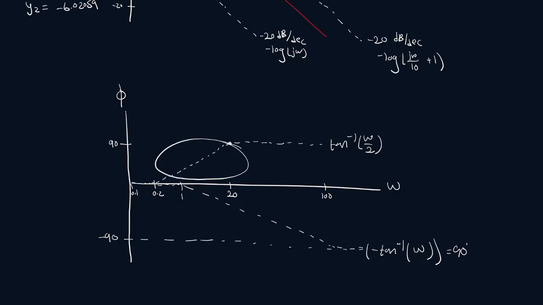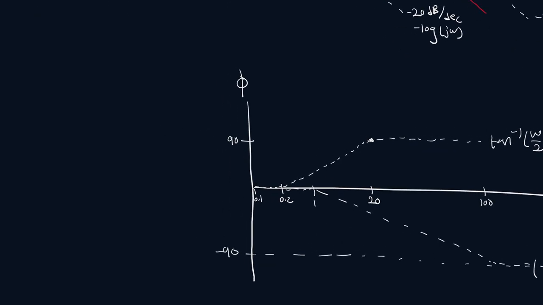Now we have to find these two slopes. So to find the slope is actually easy. We have y2 minus y1 all over x2 minus x1. But this cannot be in radians per second, it has to be in decades. So we'll do log of x2 over x1 equals the slope.